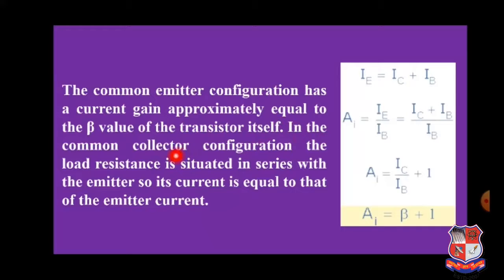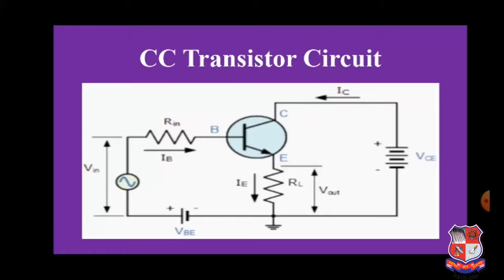In the common collector configuration, the load resistance is situated in series with the emitter, so its current is equal to that of emitter current, and hence the output voltage will be equal to IE into RL. So that is your Vout, as well as you can identify Vin, that is IB into Rin, from which you can also deduce an equation for voltage gain AV.